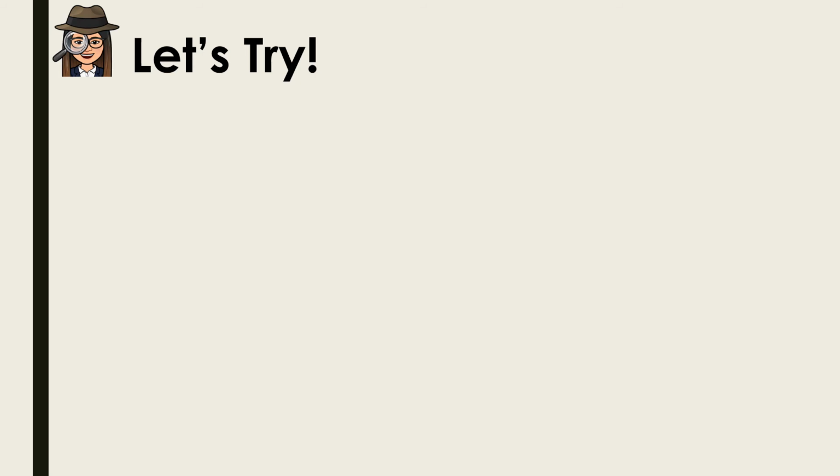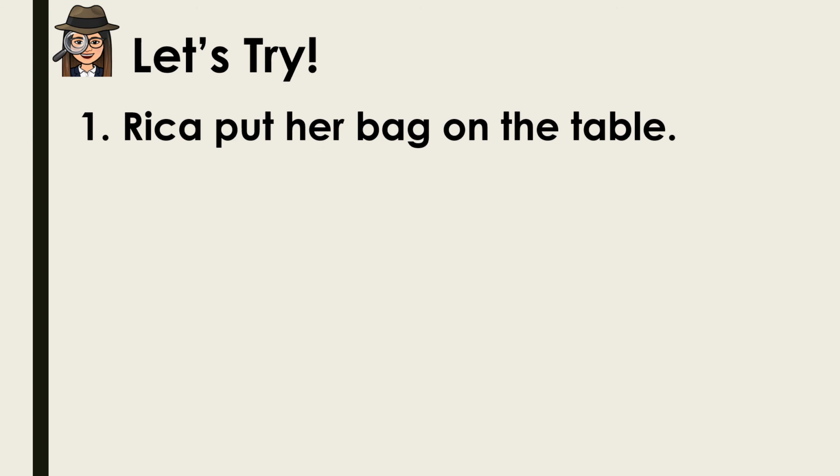Very good. So let's try these following sentences. Number 1. Rika put her bag on the table. What is the antecedent used? Correct. Because the pronoun here is her, and the pronoun her refers to Rika.